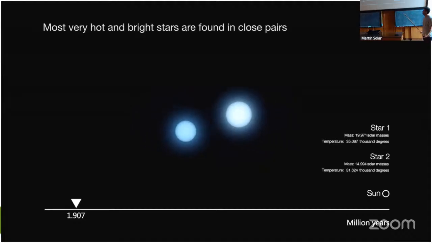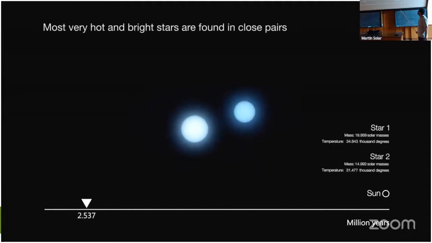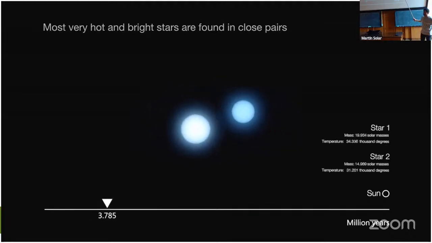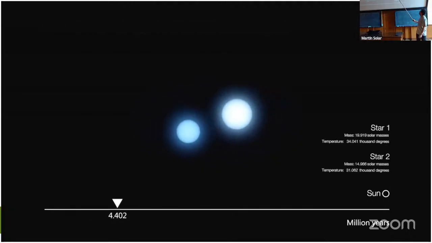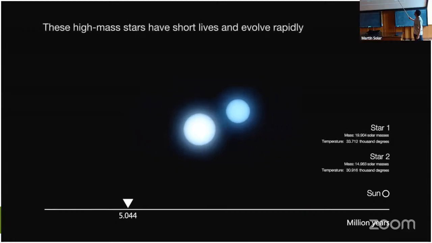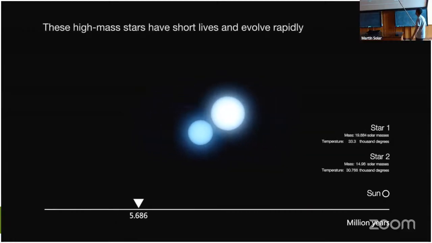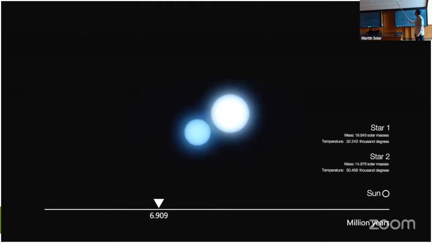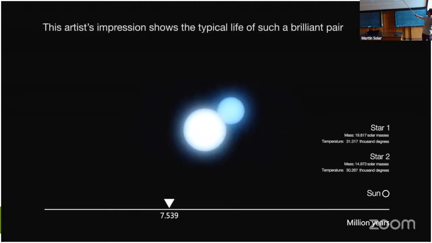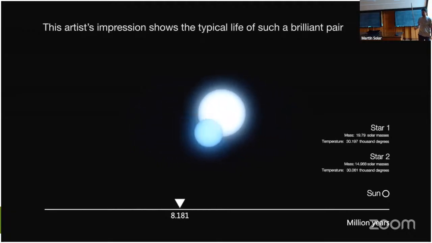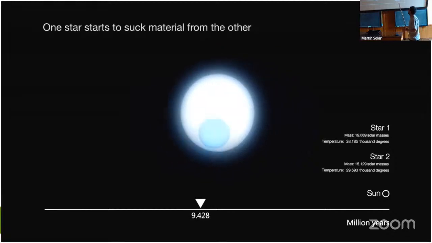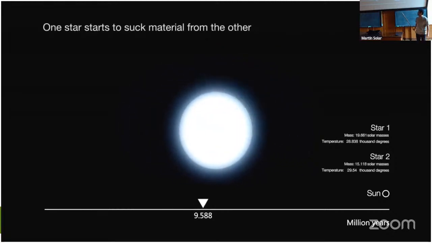Here we have an animation, thanks to ISO, of a binary system in which star 1, the primary star, the more massive one, had an initial mass of 20 solar masses. The secondary star, the companion, had an initial mass of 15 solar masses. Eventually the primary star will evolve faster, which means it will expand first.